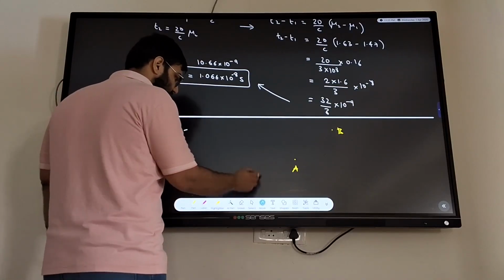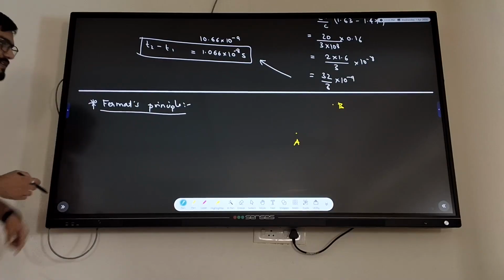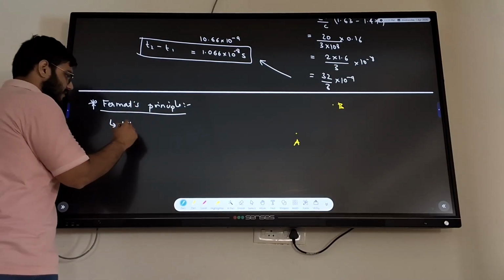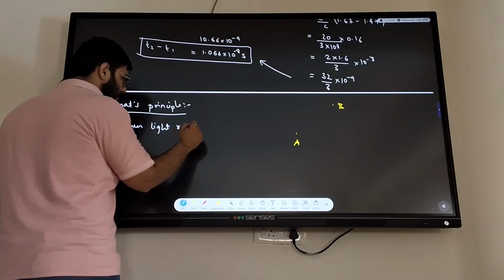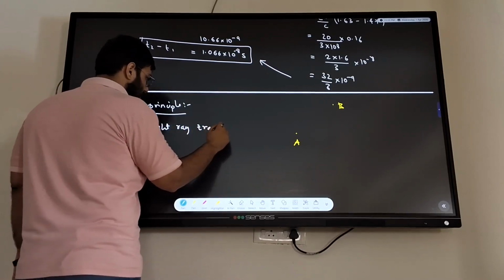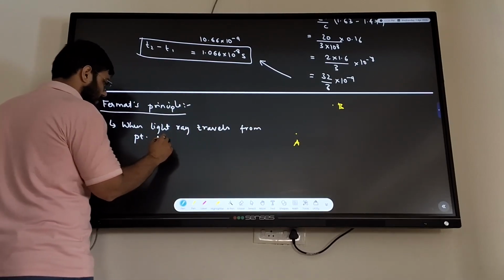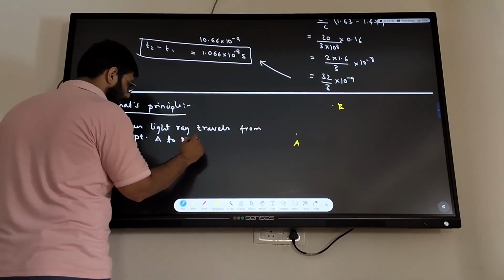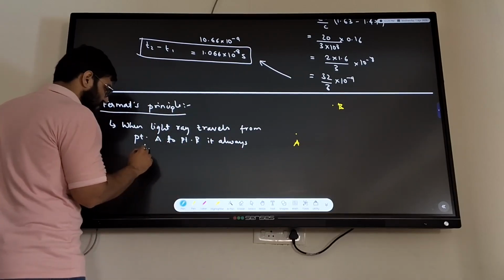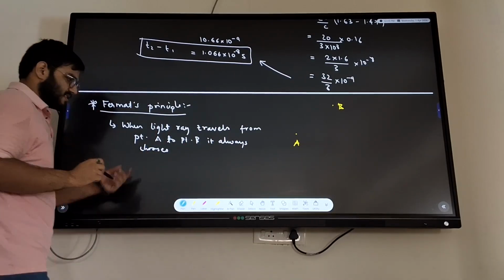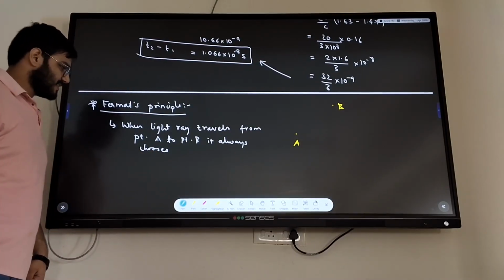So let me write the statement. This is not going to be exact sentences, but the crux will be delivered. When a light ray travels from point A to point B, it always chooses, and this sentence will raise some worries for you.